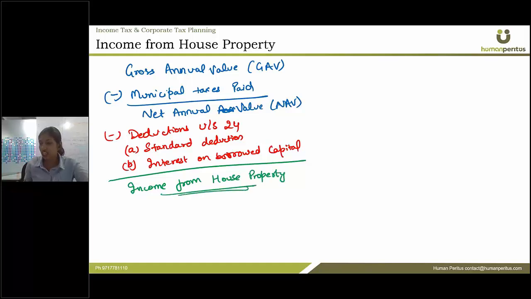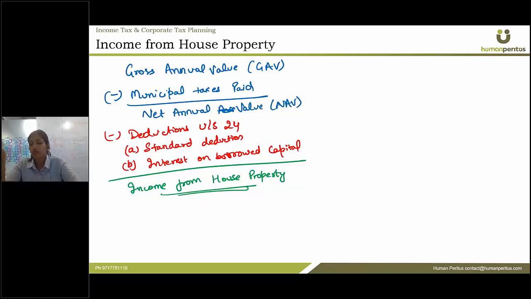Okay, so these are the steps that we have to do to calculate income from house property. First, we have to calculate the gross annual value. Then if we have paid any municipal taxes, we deduct them. We get net annual value, and from that net annual value we have to deduct deductions under section 24, which are two deductions: standard deduction and interest on borrowed capital.